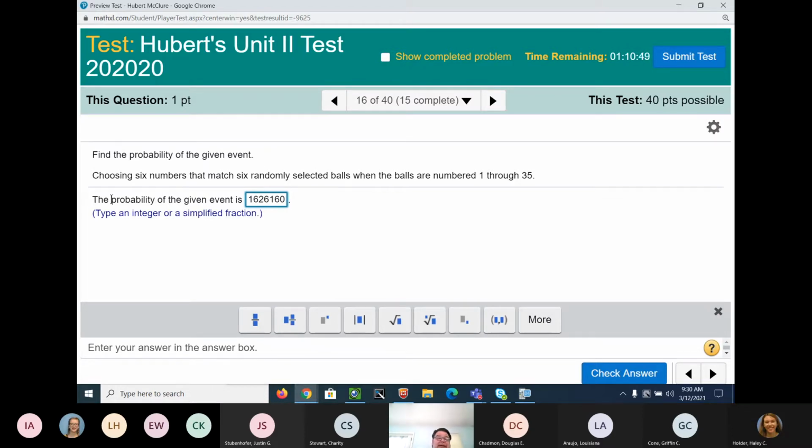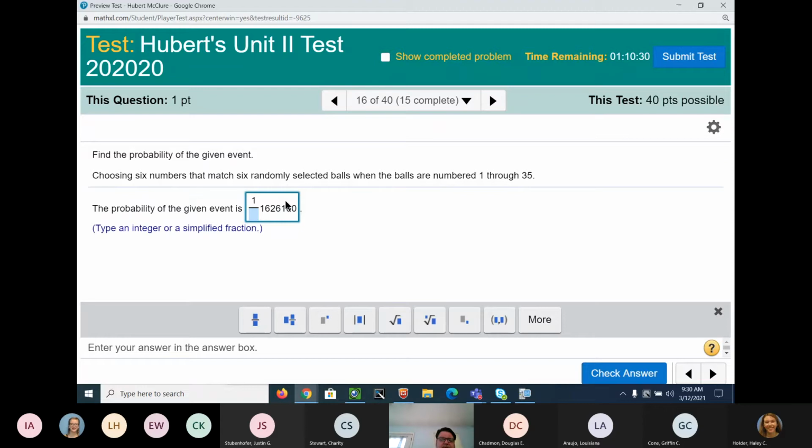Okay, see, there's that. I don't like this question because they're saying the probability. I guess they want a 1.